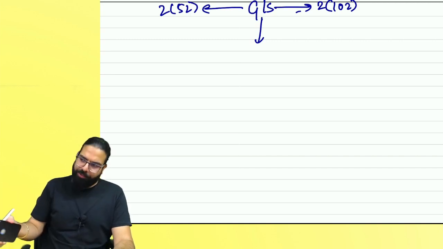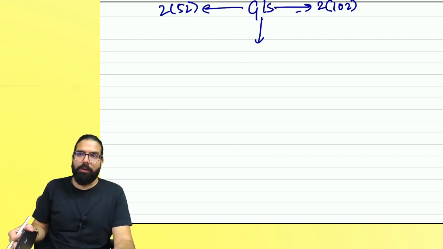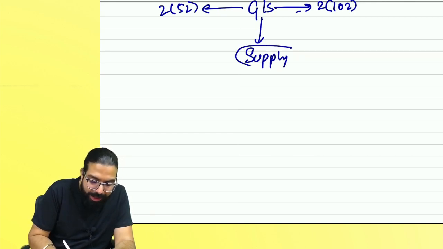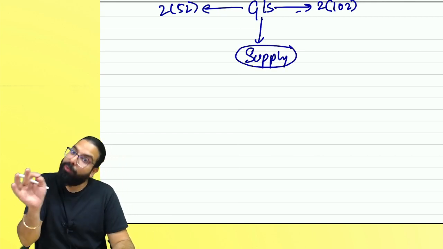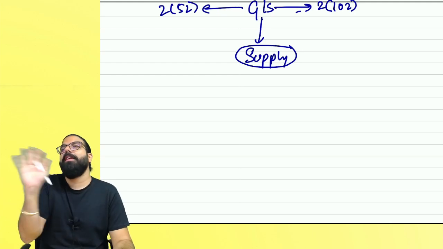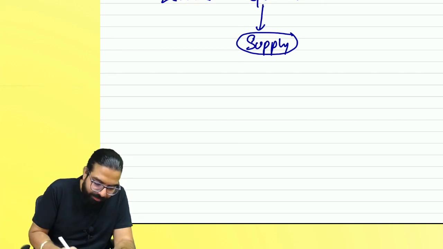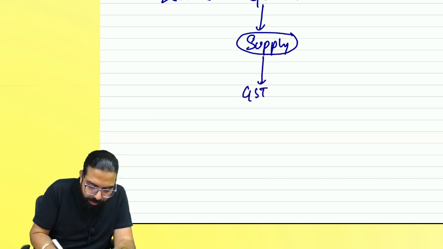I have a mobile phone. Can you charge GST? No. Something I have to do with the mobile phone? No. That something is known as what? Supply. This is the event. The supply is the event which, if you do, GST gets levied. Are we clear, everyone? If goods and services are supplied, GST gets imposed.